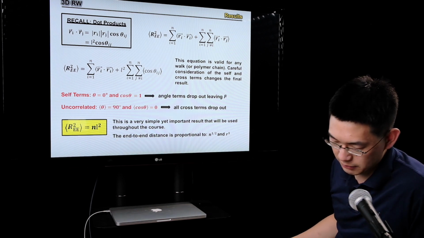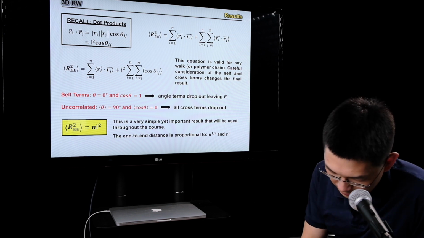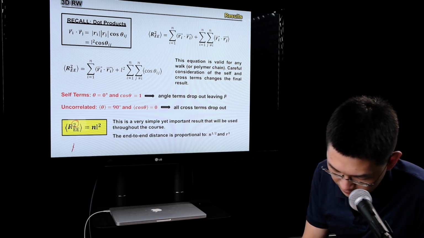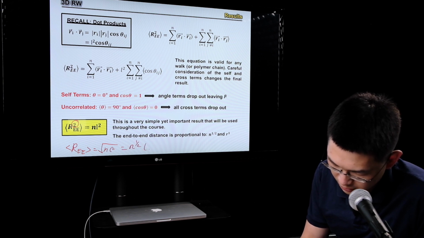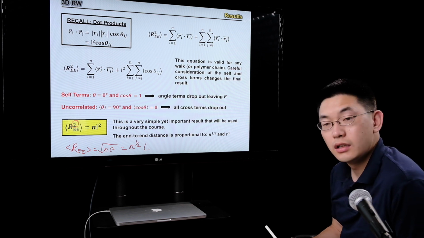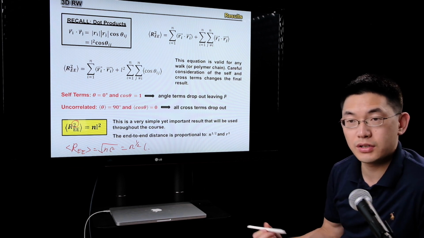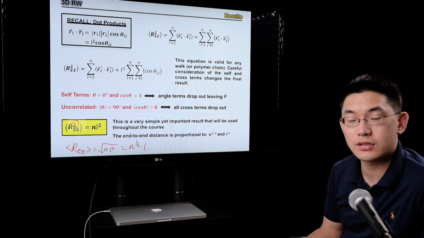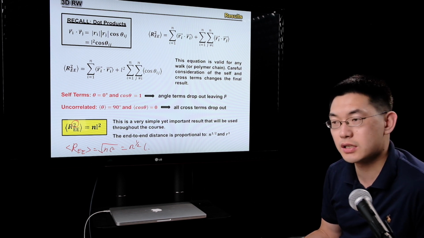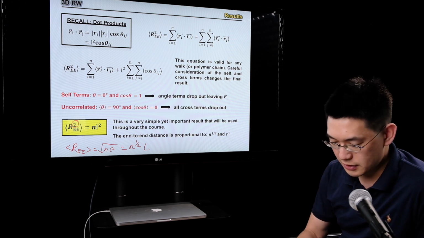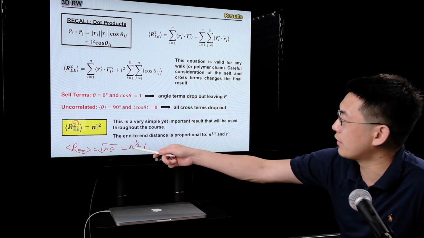And this is very important, because remember this is a square, so the end-to-end distance REE average takes the square root of the term on the right, so it will be n to the power of one half multiplied by L. And this tells you the end-to-end distance is proportional to the bond length L, right? If the bond length doubles, your end-to-end distance will double. But more importantly, look at its dependence on n.